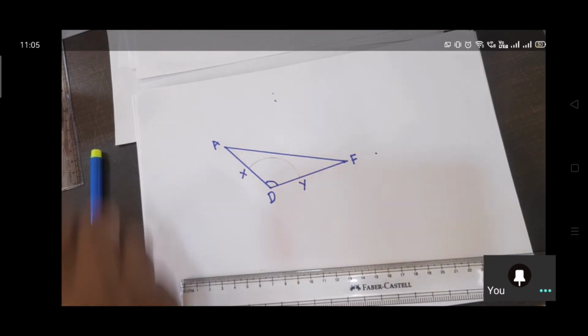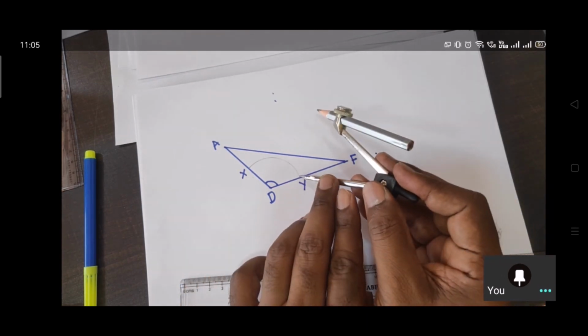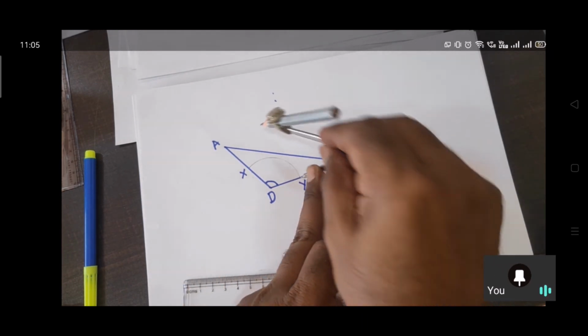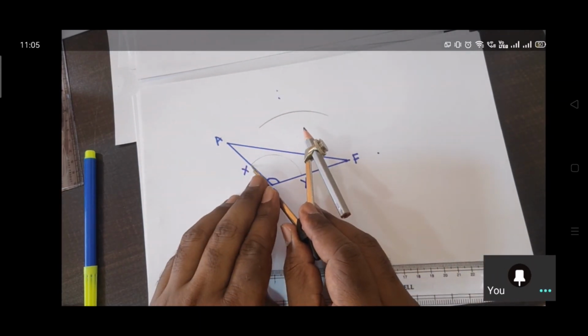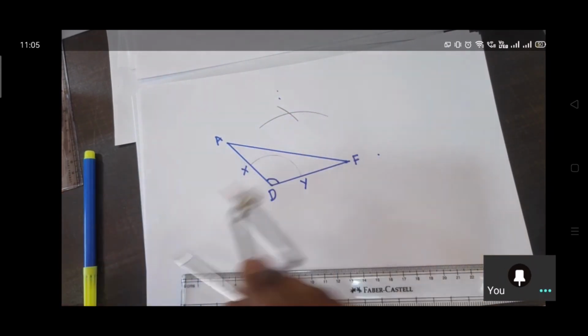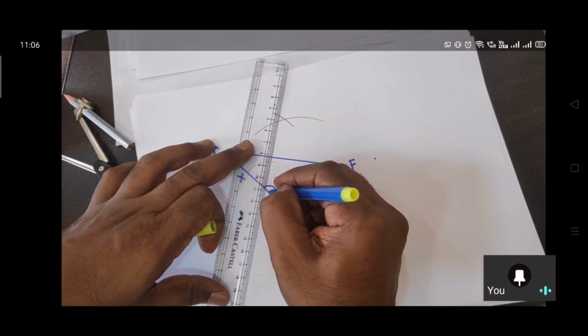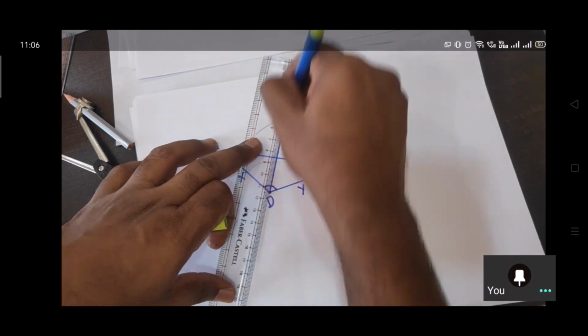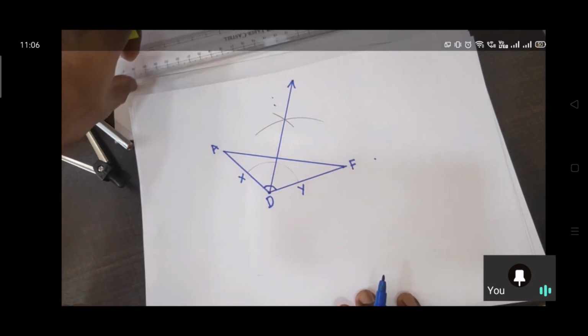Arc I have drawn. Increase the span. Take your pointer on point Y. Draw another arc. On point X, cut this arc and draw one ray. In this way.